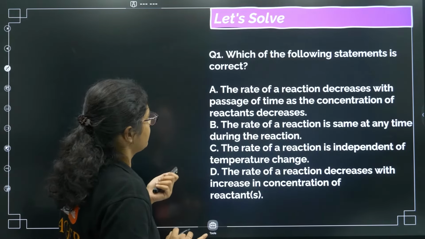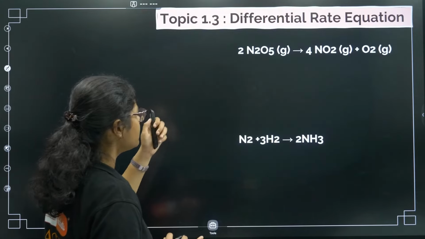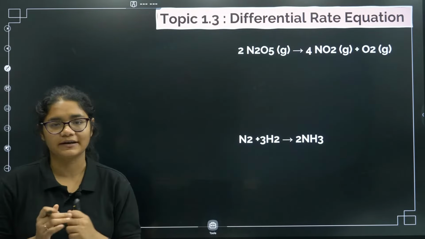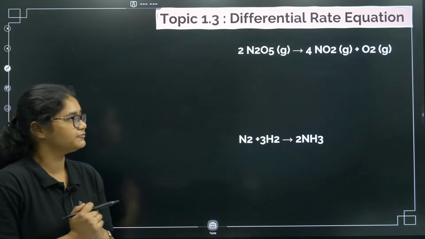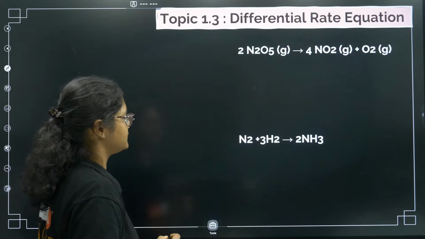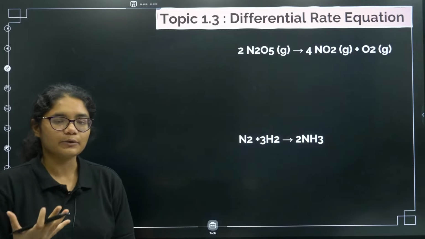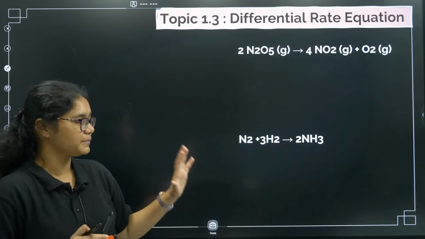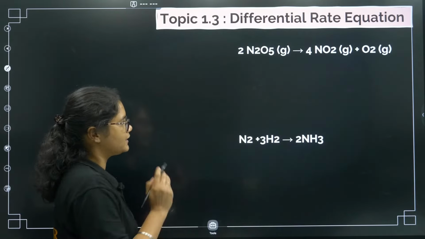Now coming to, there is something called the differential rate equation. What is this differential rate equation? Let us understand. A differential rate equation is an equation to represent the rate of a reaction. How to write it, I'll tell you.